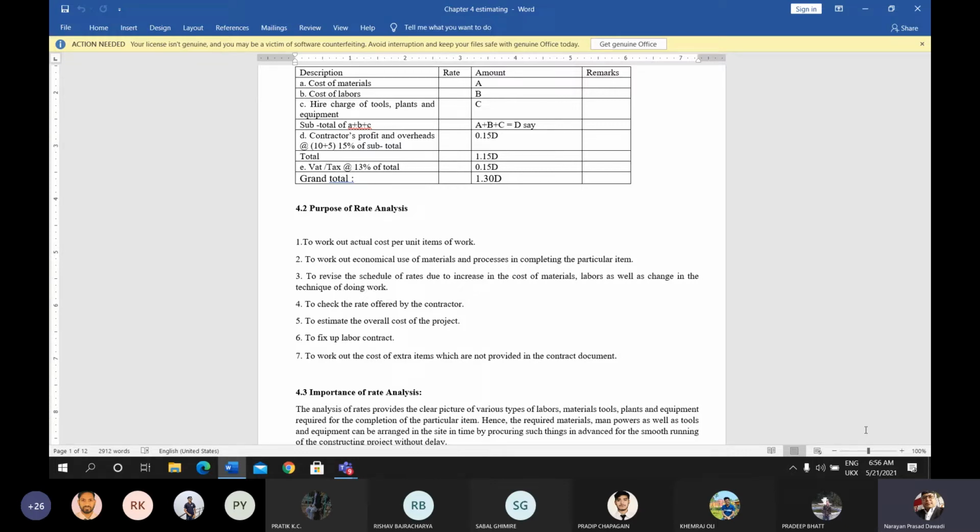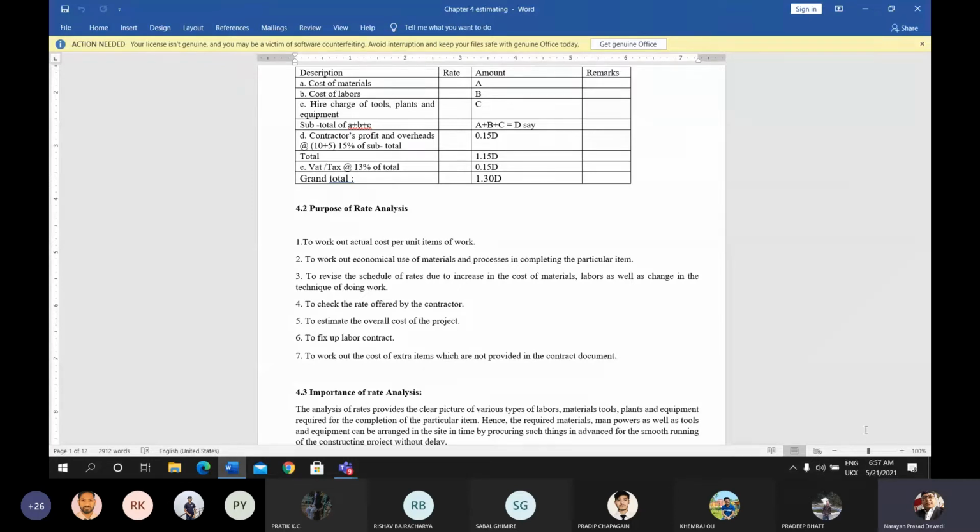Whether the rate offered by the contractor is suitable or not, according to the present context of the different types of materials cost, labor cost, and tools and equipment cost. Is that sufficient or not? Is that possible or not? We can analyze by framing our own rate analysis.